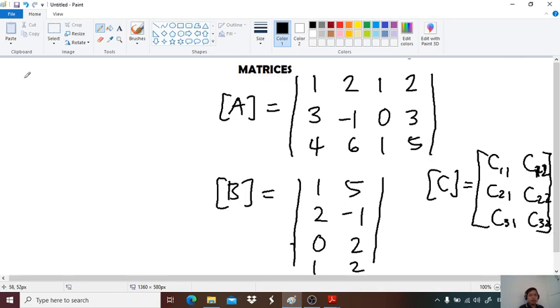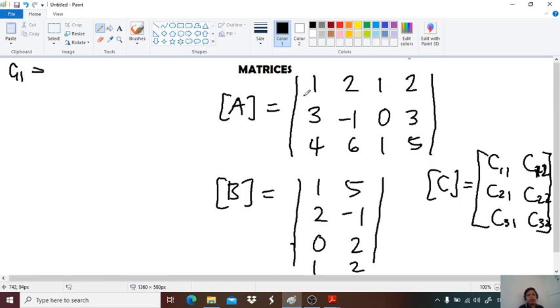So first, what is the value of your C11? When we say C11, that is the combination of the first row of your A and the first column of your B. So we have to multiply row by column.